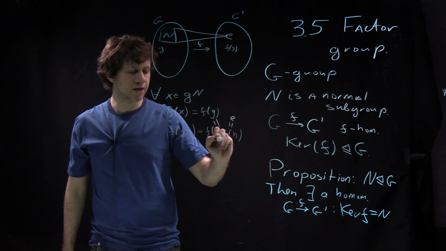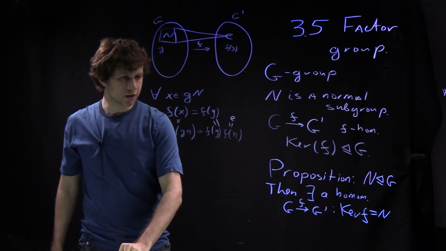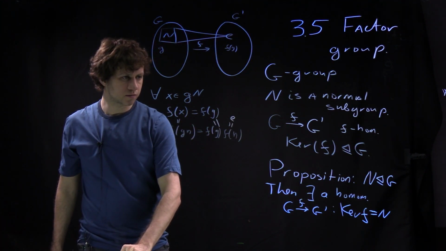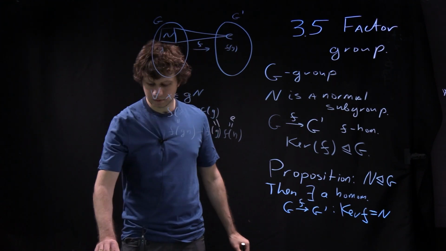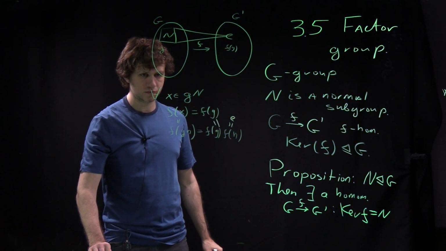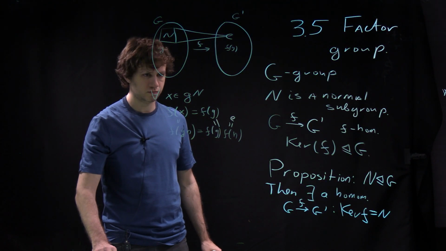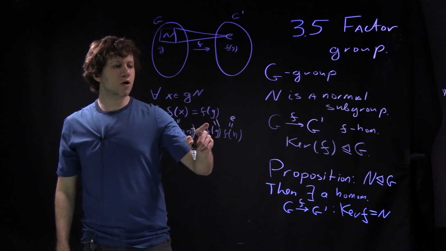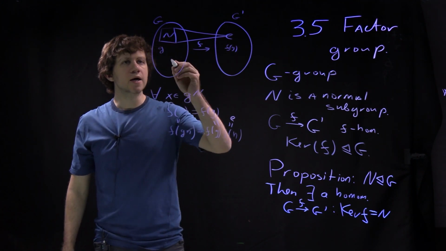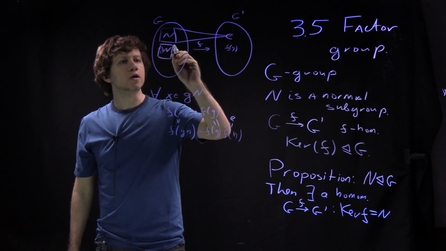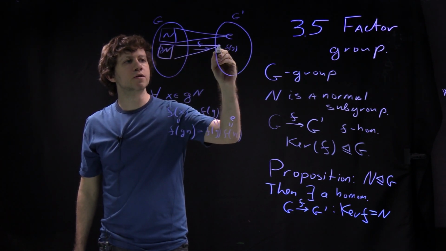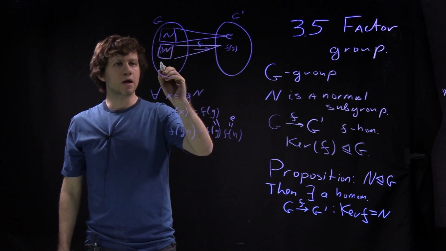So that's the same thing. So we know that actually the whole coset gN goes to the element F of g.